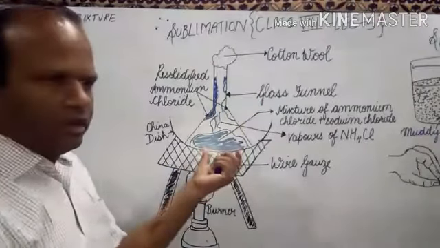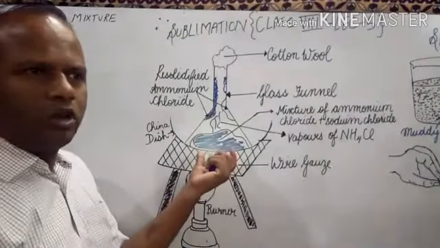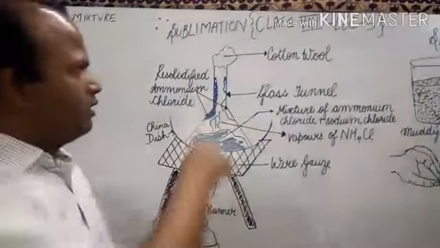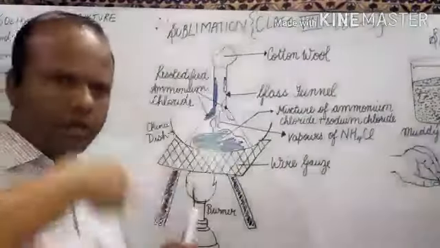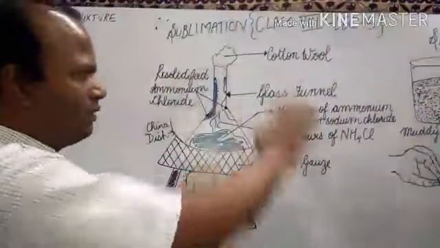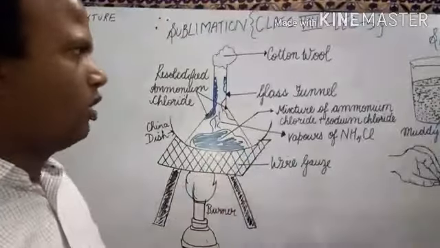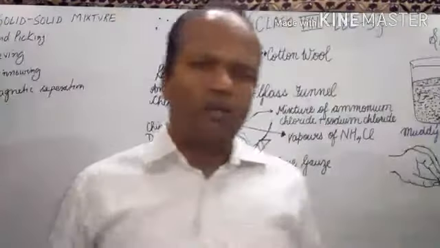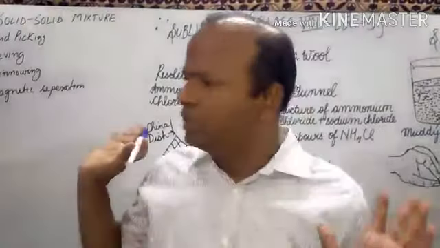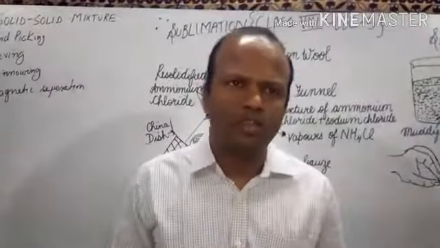Then we will have the residue, which will be common salt, sodium chloride, and the resolidified ammonium chloride can be scratched and taken out. By this we have the whole separation of a solid-solid mixture, ammonium chloride and sodium chloride. These were examples of solid-solid mixtures.